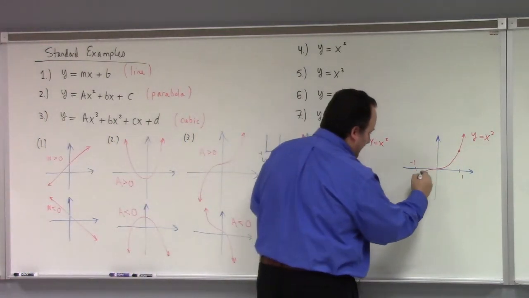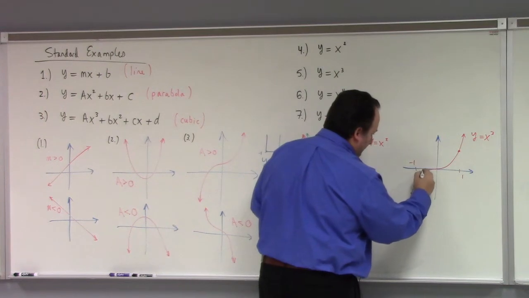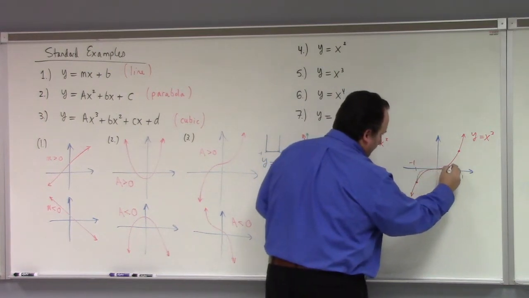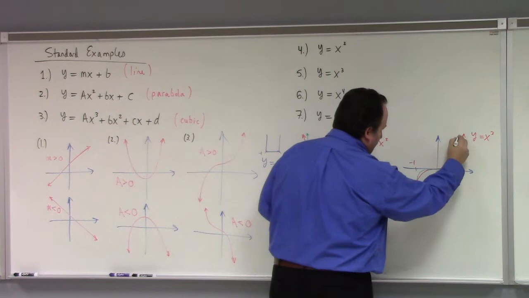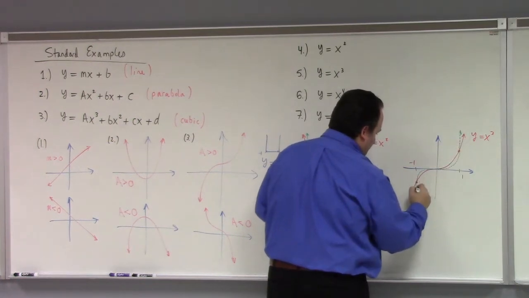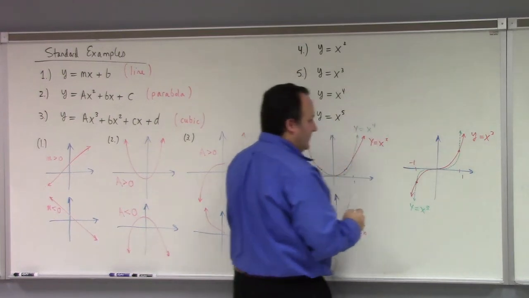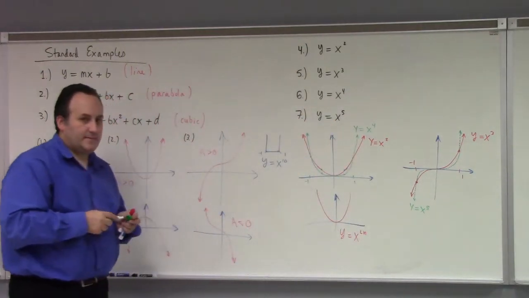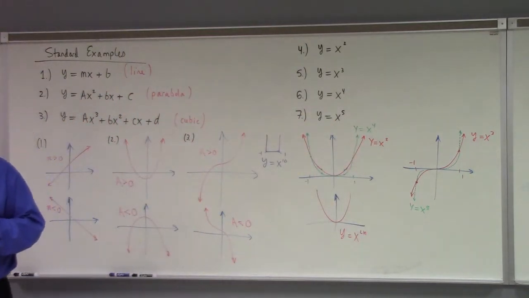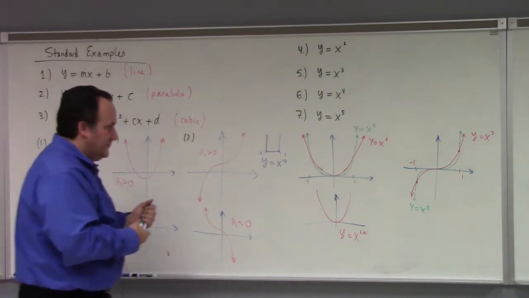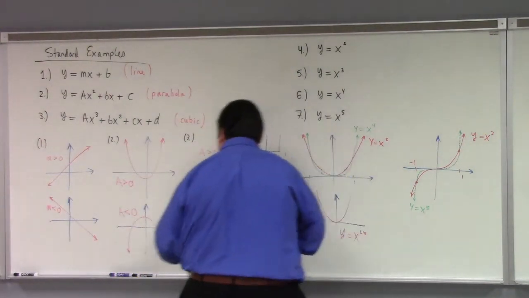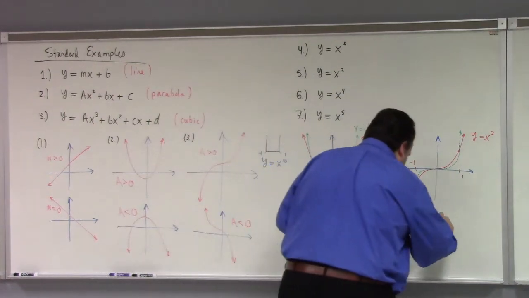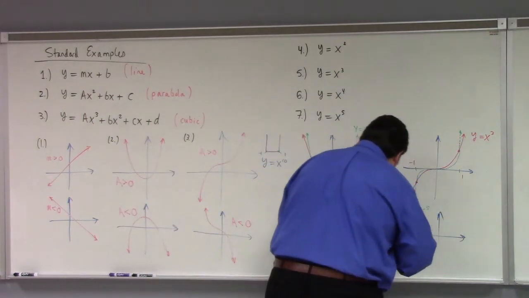It's closer to the x-axis before here, and then it's above or below over here like that. So, crudely speaking, an odd power looks roughly like these.